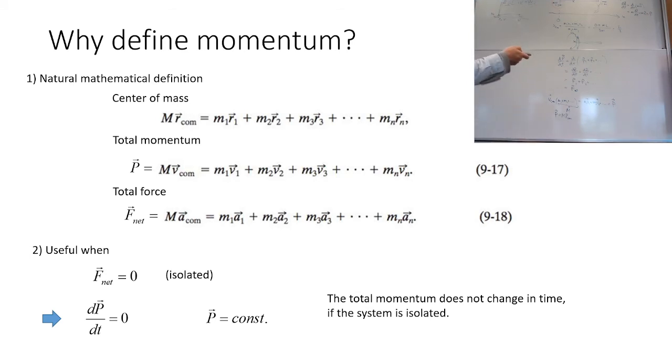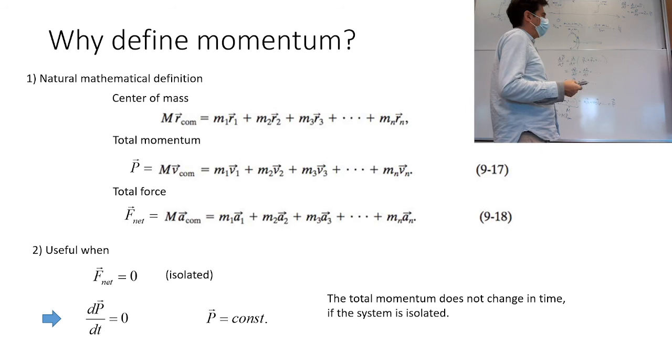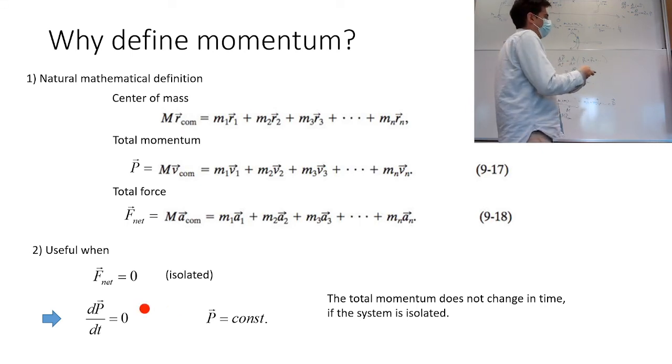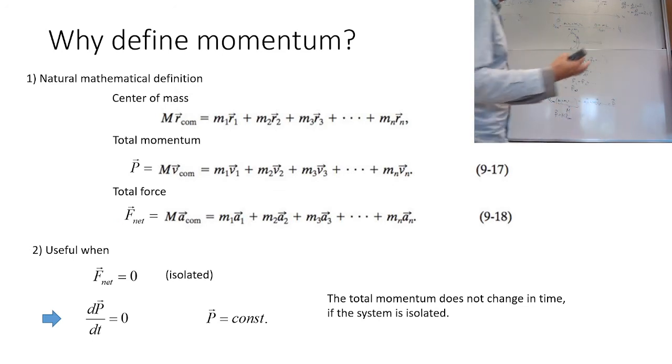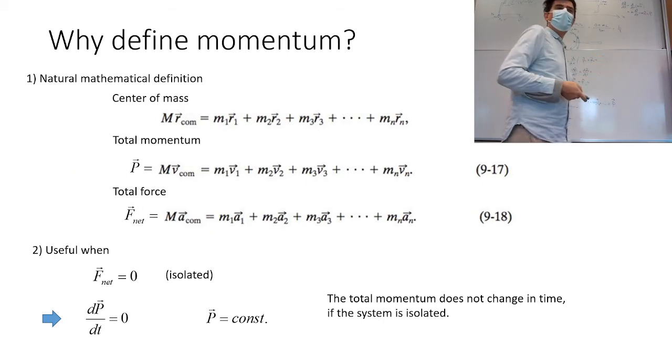Well, it has a pretty natural definition once you already define things like forces. So F equals ma, fine. You can learn to live with that. And center of mass. Well, basically momentum is the guy that's in between both of these ones, right?